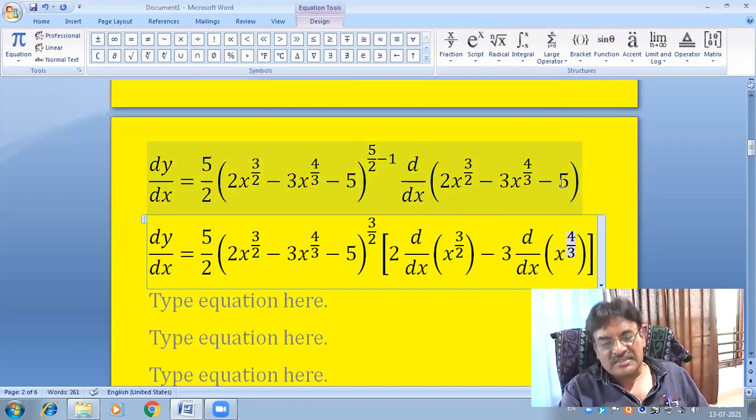And 5 is a constant, and we know that the derivative of a constant function is 0. Therefore d/dx of 5 here is 0.